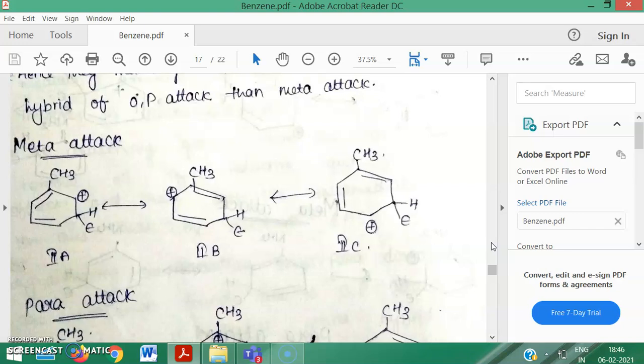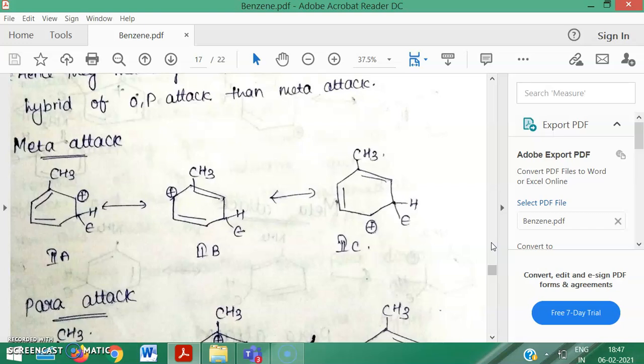The single p orbital electrons of all the carbons undergo delocalization and form the delocalized pi electron ring. That's why the benzene structure is planar, and the pi cloud is present above and below the plane of the benzene ring. That is how a more stabilized benzene structure forms.